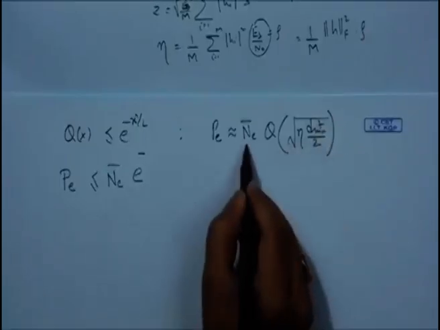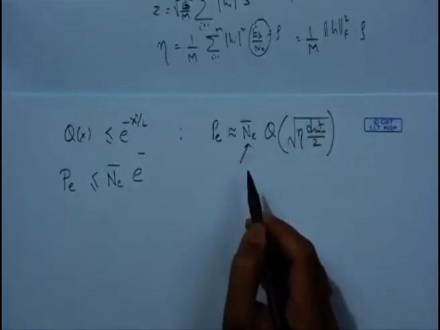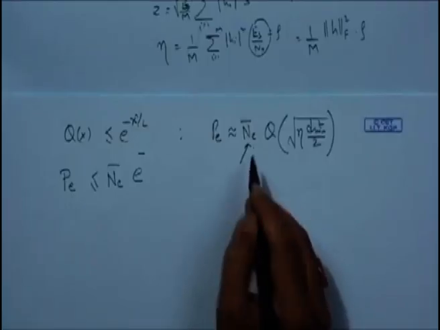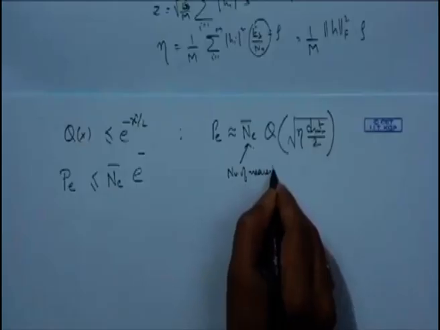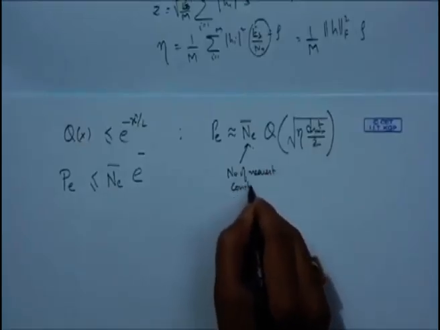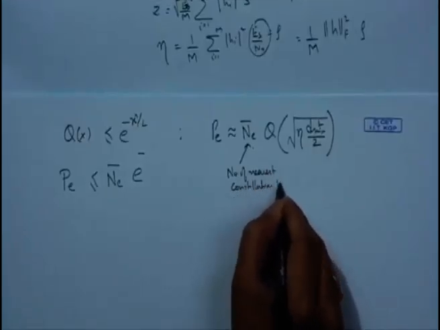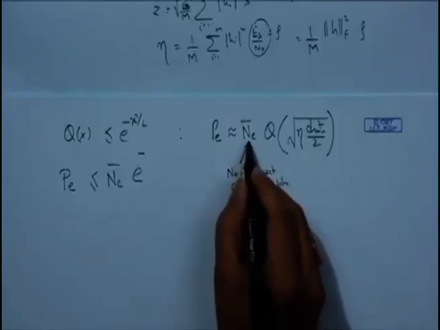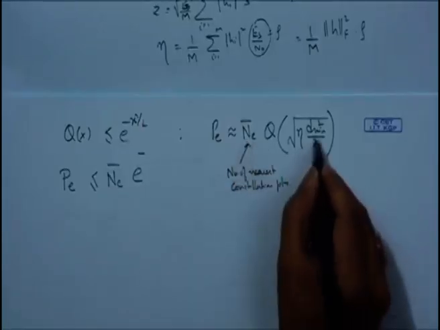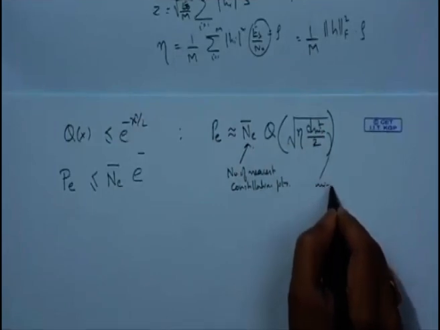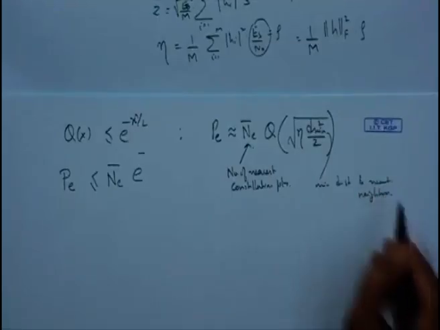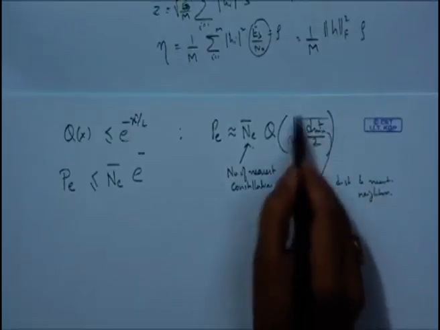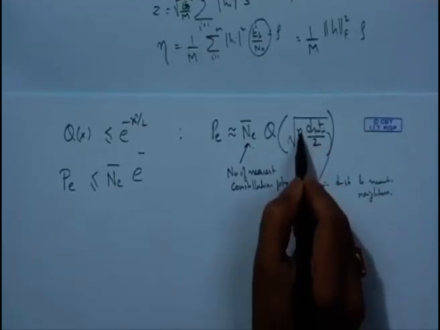Here N_e bar is the number of nearest constellation points. In case of BPSK it is 1, in case of QPSK it is 2, and d_min is the minimum distance to nearest neighbors. We have given this kind of an expression before, and eta is the SNR.